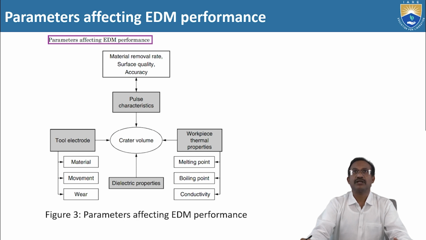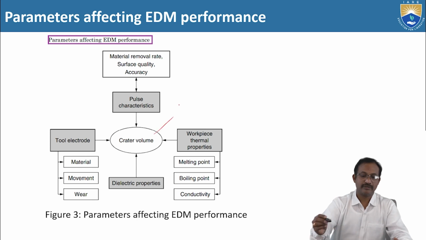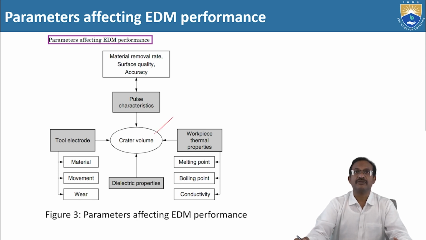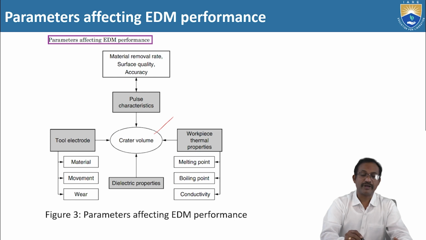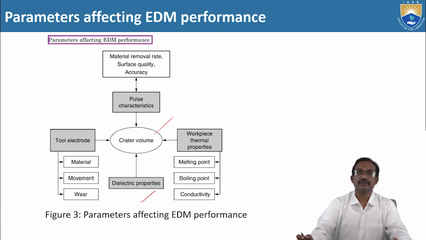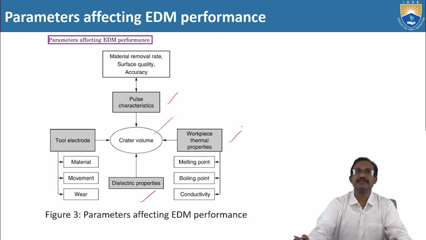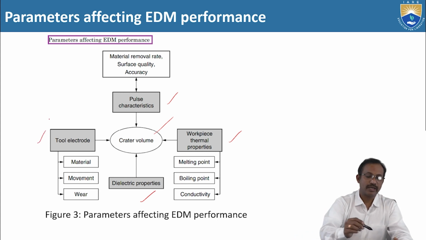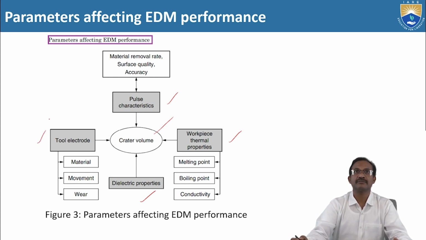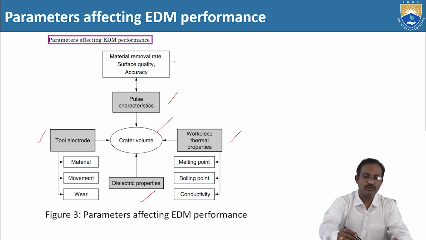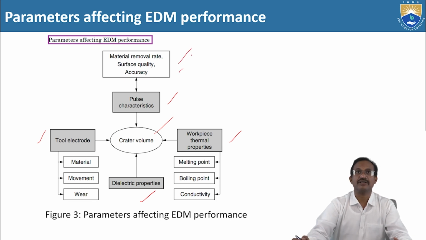Parameters affecting electro discharge machining performance: the important ones are dielectric properties, pulse characteristics, workpiece thermal properties, and tool electrode parameters, which affect material removal rate, surface quality, and accuracy.